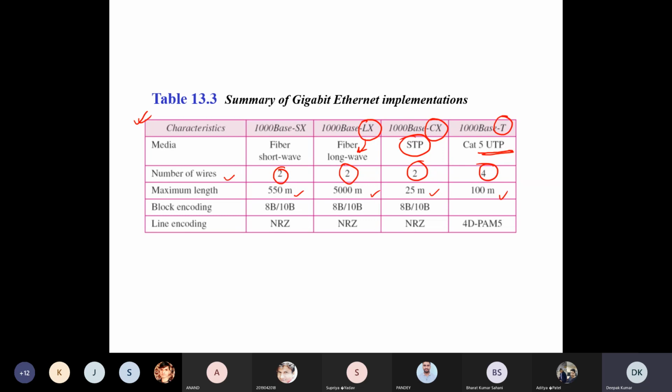Similarly, the maximum speed that can be achieved, the coding technique, the channel behavior, the types of channel and medium used for the respective Ethernets, you can categorize their behavior and their application.